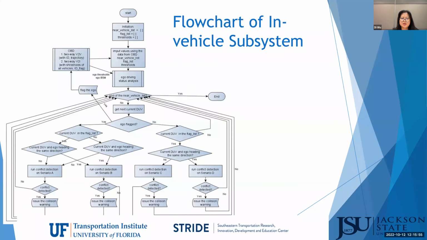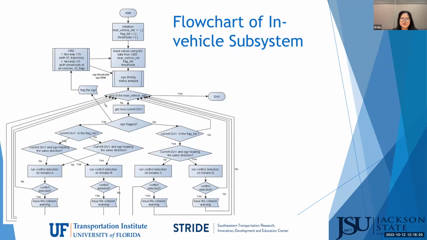This flowchart shows our in-vehicle subsystem. The in-vehicle computer checks its own driving status against the thresholds and checks all the received BSMs to see if the sender is in abnormal driving status or is on the list.